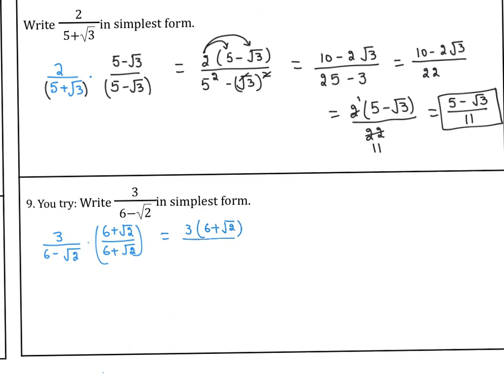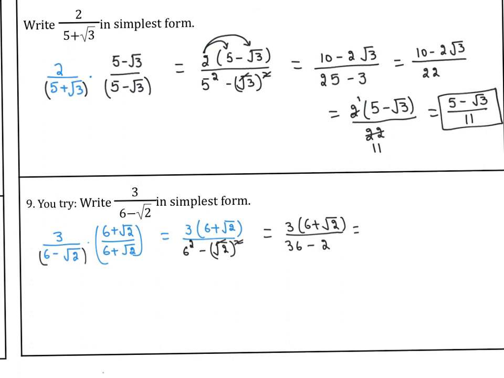And on the bottom is a minus b times a plus b, so it's going to be 6 square minus square root 2 square. On the top you have 3 times 6 plus square root 2, and on the bottom you have 36 minus 2. So the square root and square cancel.